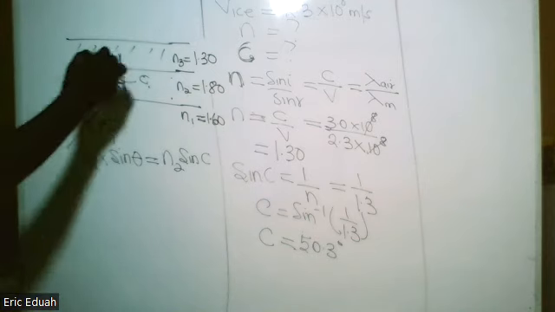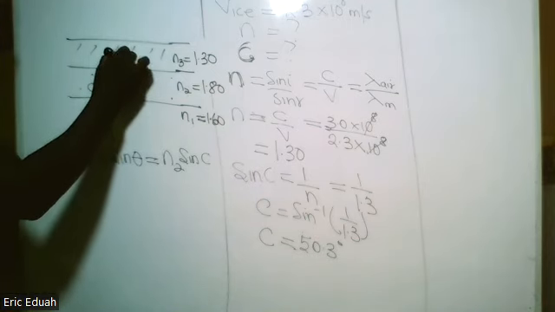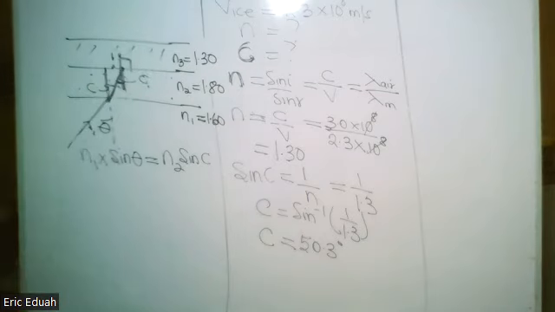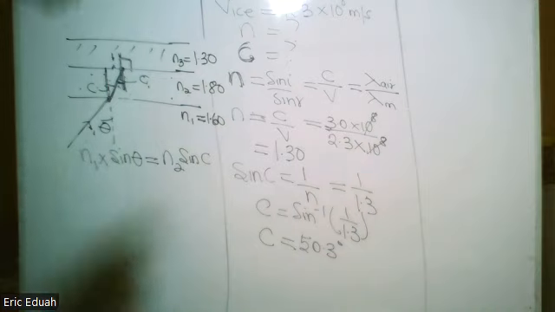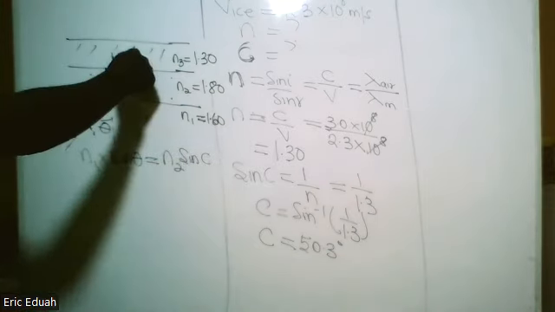So this must be 90. Whenever the angle of incidence is equal to the critical angle of the material, the angle of refraction is equal to 90.